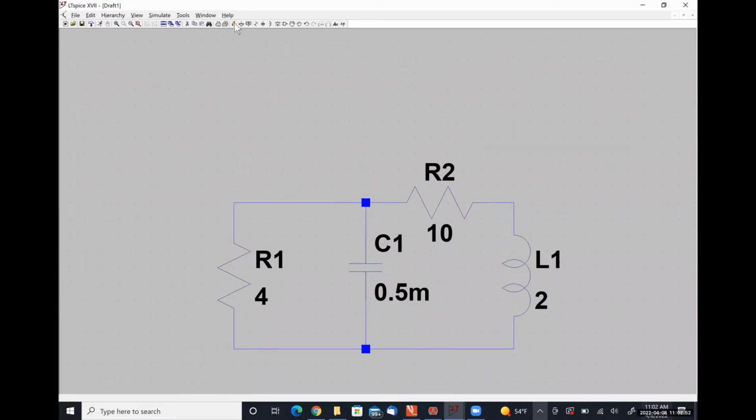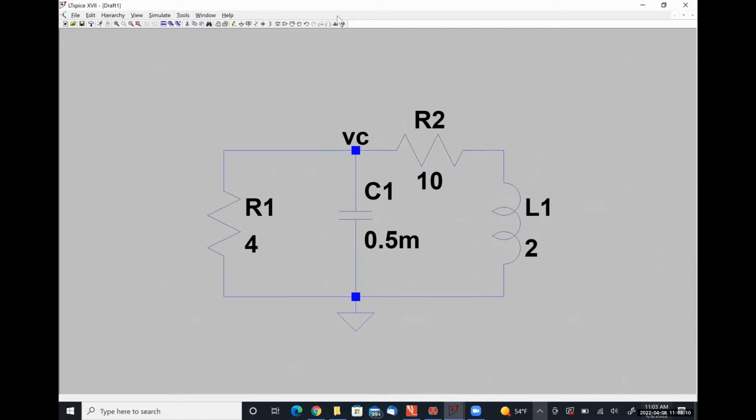As per usual, I'm going to place ground at the negative polarity terminal of my capacitor, and I'm going to label the positive polarity terminal of my capacitor VC. I need to put my initial conditions in.